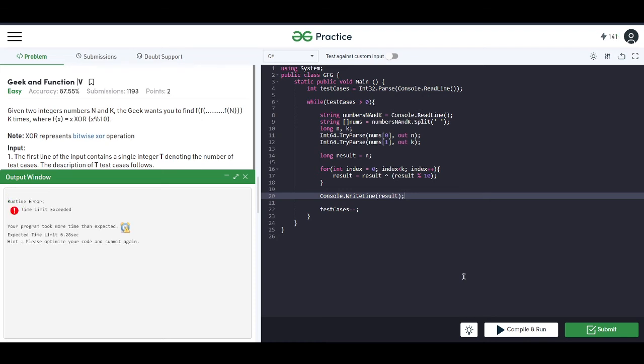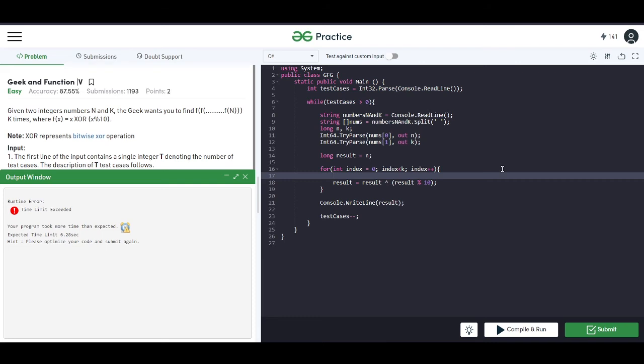Okay, so our code is exceeding the time limit. So let's try to optimize this code. As we discussed earlier, every number's XOR with itself is always 0.